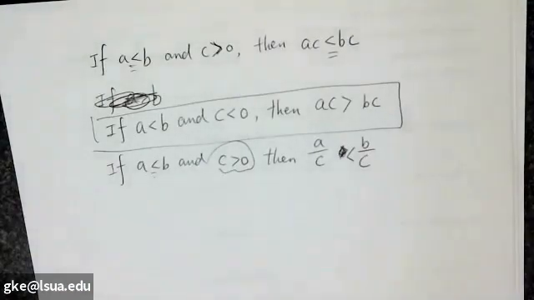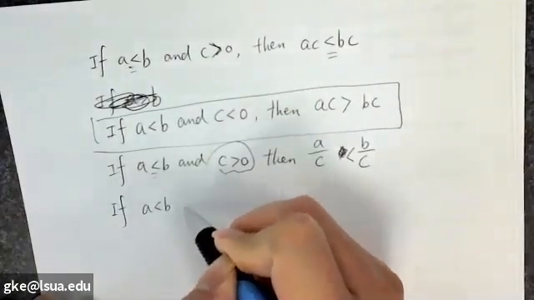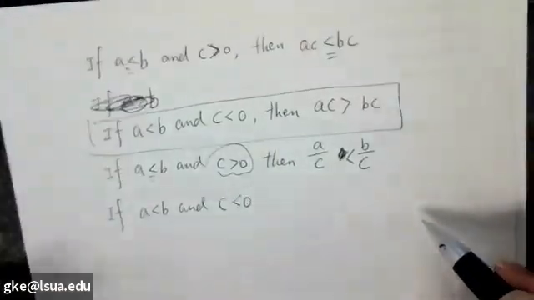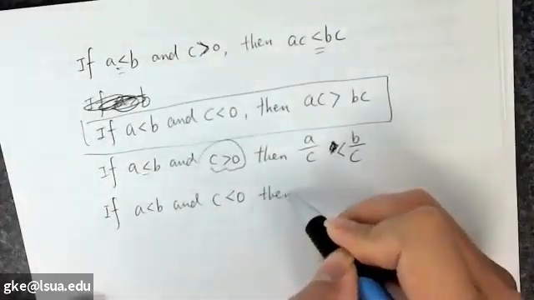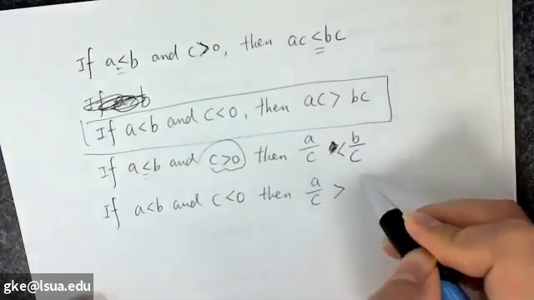A divided by C is less than B over C. If you multiply or divide by a positive C, the inequality will not change. However, if A is less than B and C is less than 0, that means C is negative, and when you do the division, we're going to change the sign.